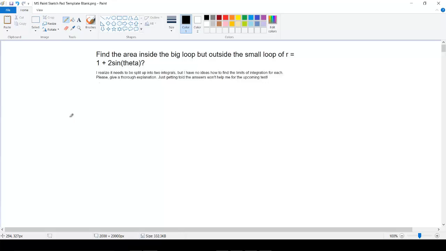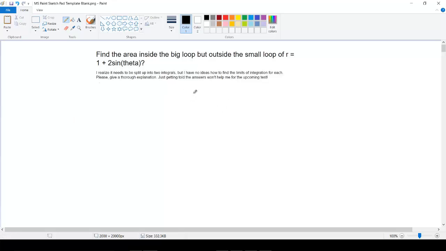So, alright, first of all, just to get a general understanding, you're definitely asking about how the limits of integration should be assigned. So let's begin by making a basic sketch of this graph.